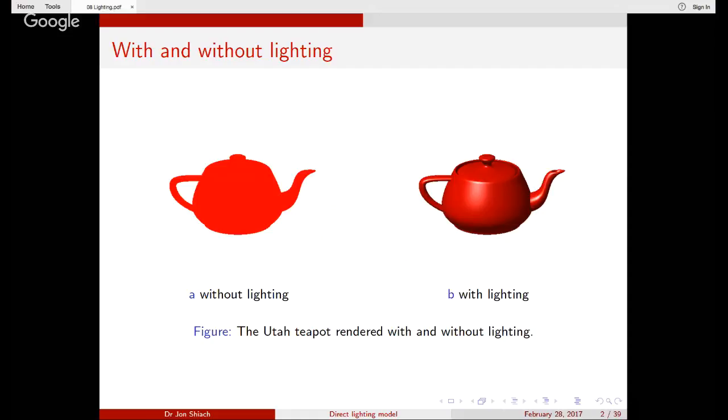I've loaded up the values, applied the Bezier patches, and plotted it in 3 dimensions in red. But without any lighting, because I've removed all of the edges from the polygons, it just looks like a silhouette, a flat red blob. There's no clues as to the shape of the object.